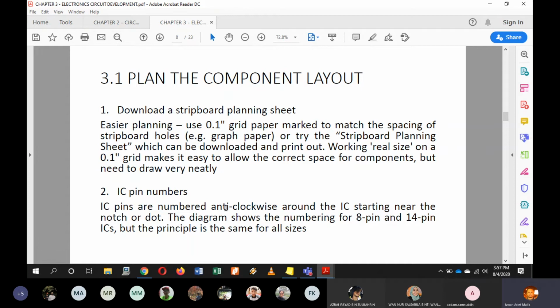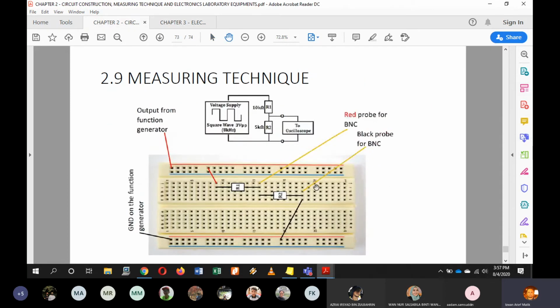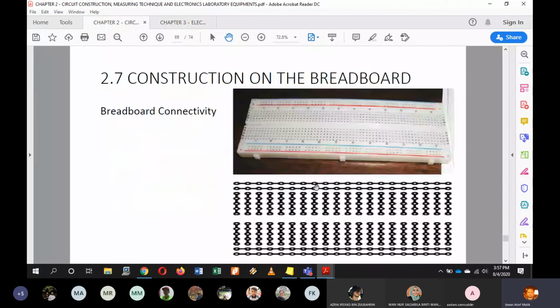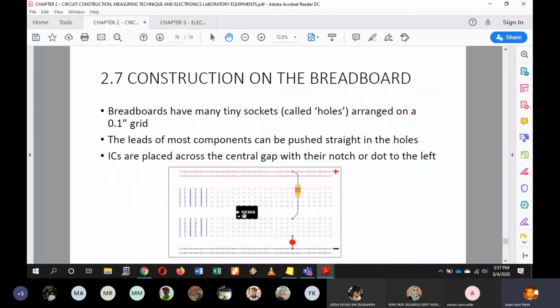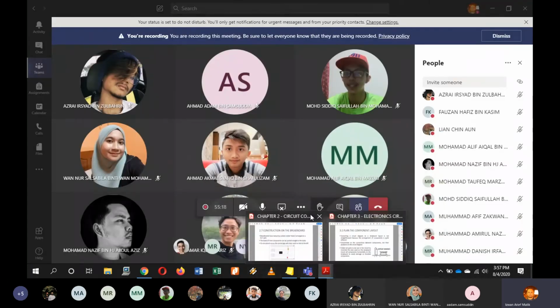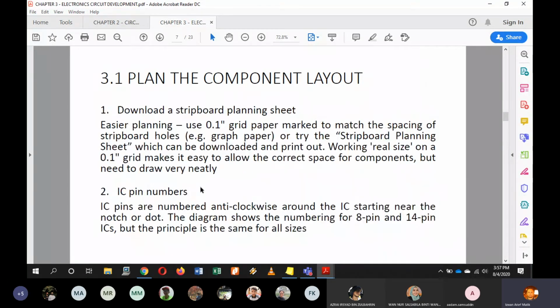IC pins are numbered anti-clockwise around the IC starting near the notch or dot. Okay, the one that I've told you just now for ICs, which is this one. If the notch is on your left, it will start from here up until here. So it is anti-clockwise. Right? The diagram shows the numbering of 8 pin and 14 pin ICs, but the principle is the same for all sizes.